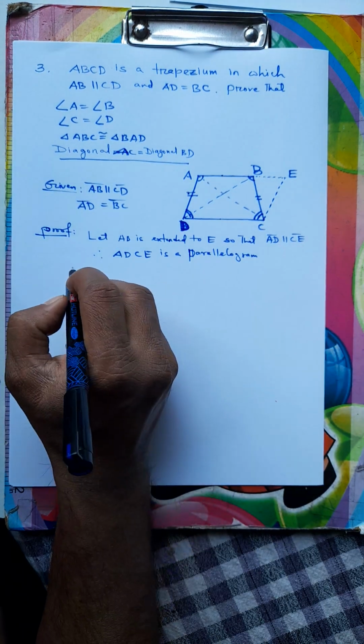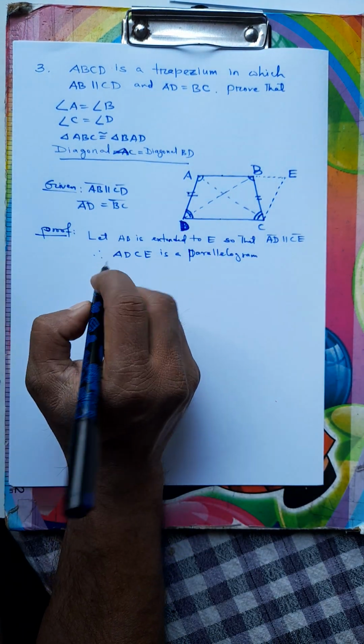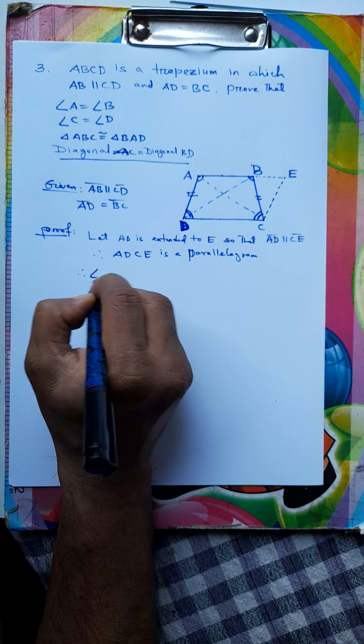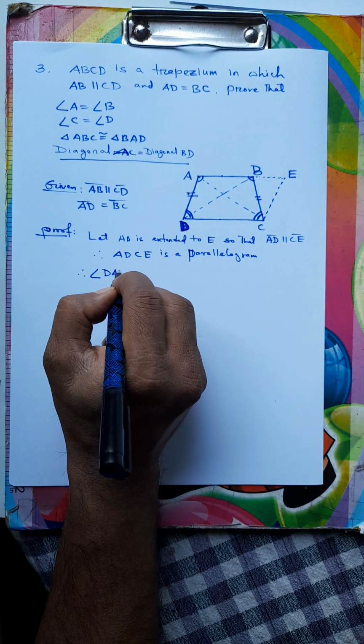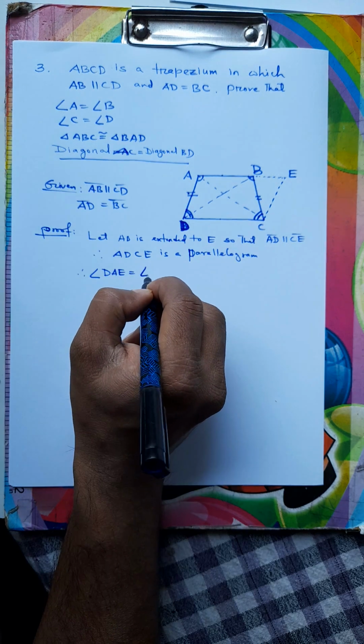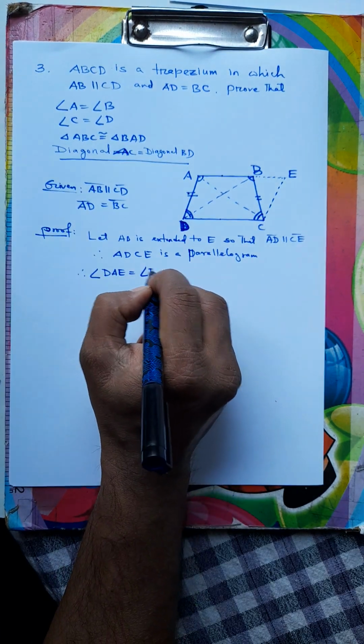Now in a parallelogram, opposite angles are equal. Therefore, angle DAE equals angle DCE.